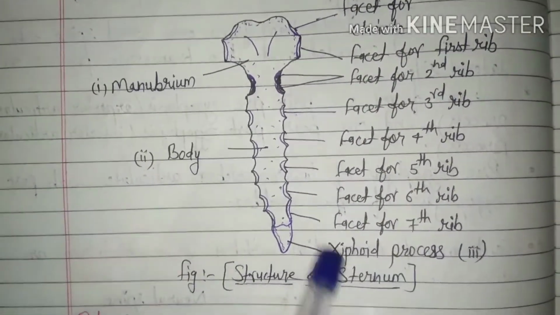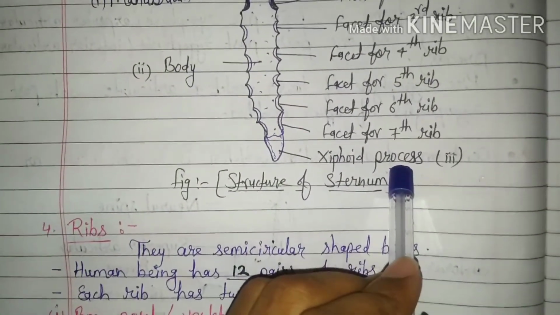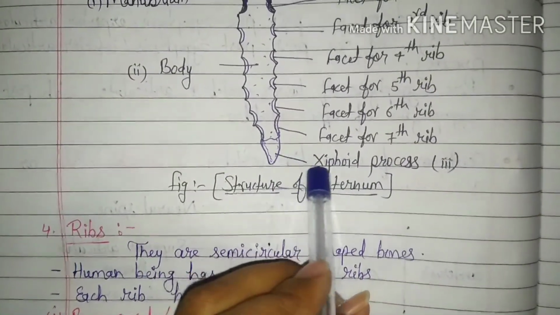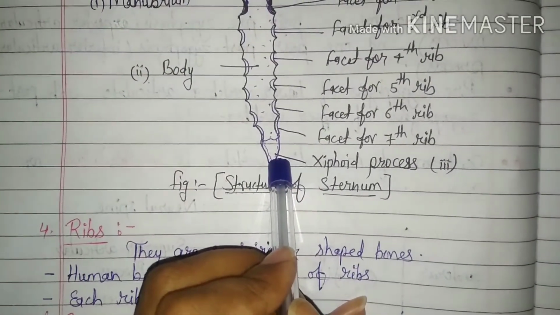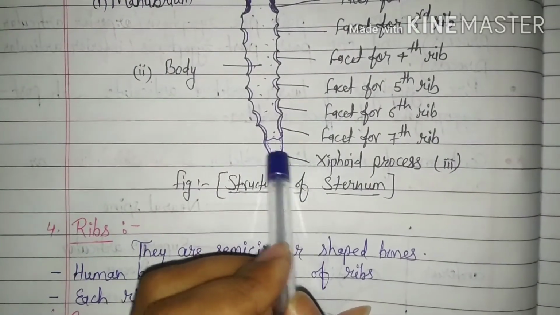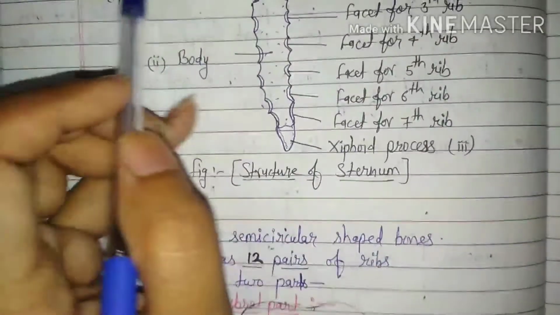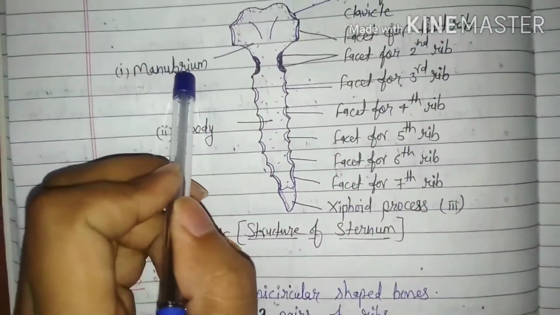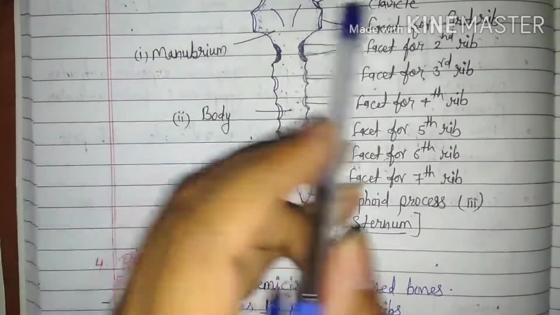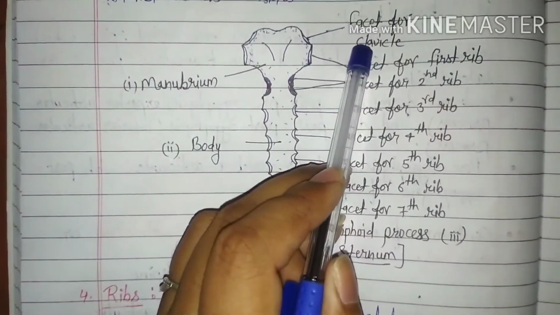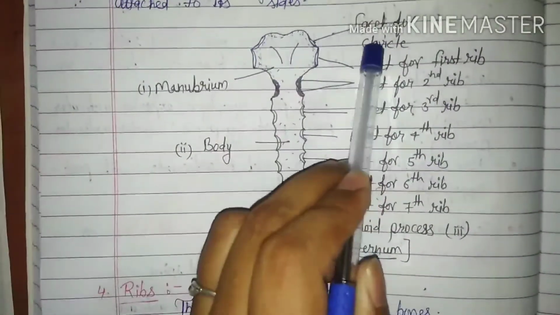Third, xiphoid process. It is the cartilaginous part made up of cartilage, so it is also called metasternum. In the manubrium part, clavicle bone attachment is found.